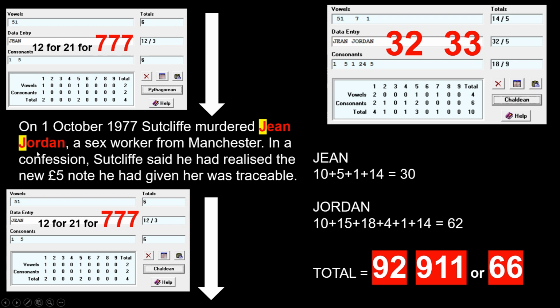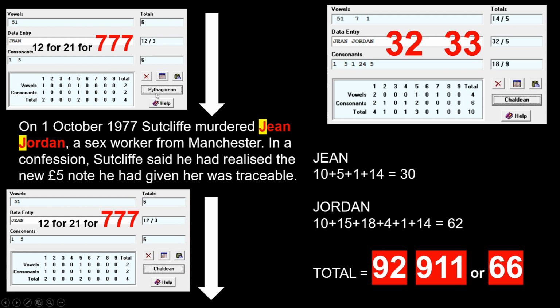But we've got Jean Jordan. And it said in confessions, Sutcliffe said he had realised the new £5 note he had given her was traceable, and he had to go back apparently and do all kinds of things. I don't know the full story, but let's just look at the code. So we've got Jean here.